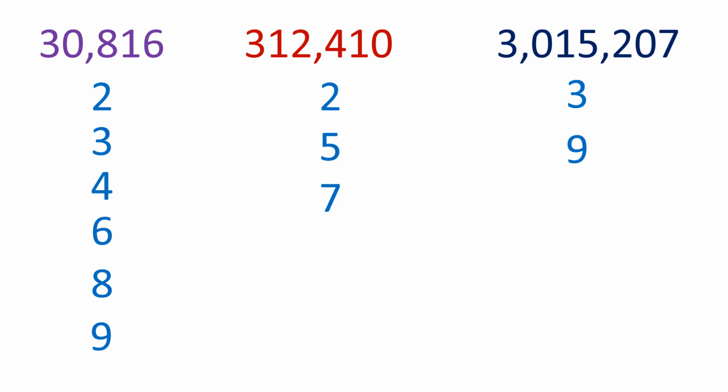Observe that our first number doesn't have a 0 as the last digit, so it's not divisible by 10. But our second number ends with 0, so it's divisible by 10. And the third number ends with 7, so it's not divisible by 10. So let us put 10 for our second number.